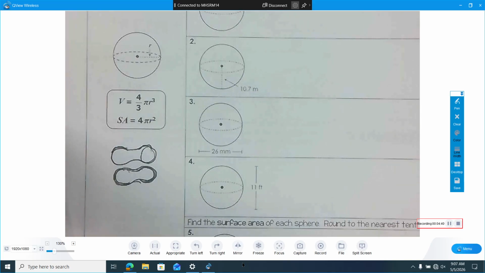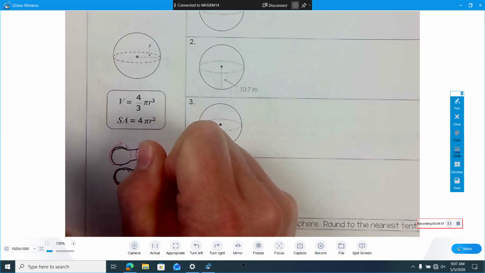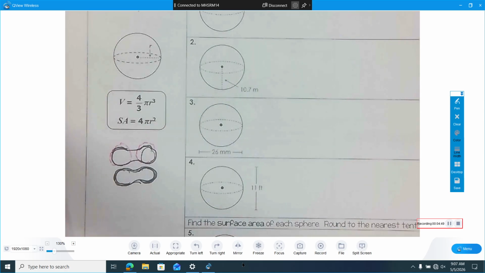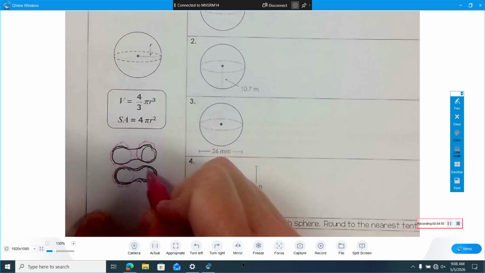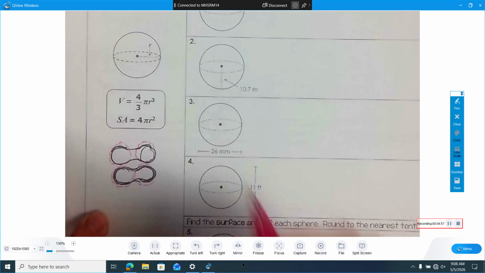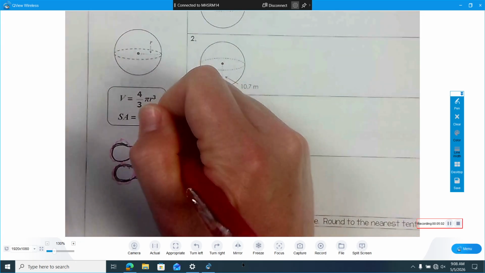So there are these two rounded and stretched pieces, and you can imagine that each piece of leather is essentially two circles of surface area. That is how you can think about how they got 4 pi r squared.